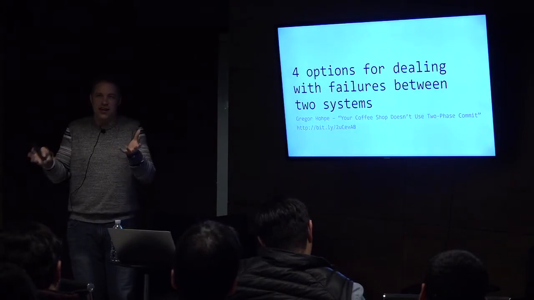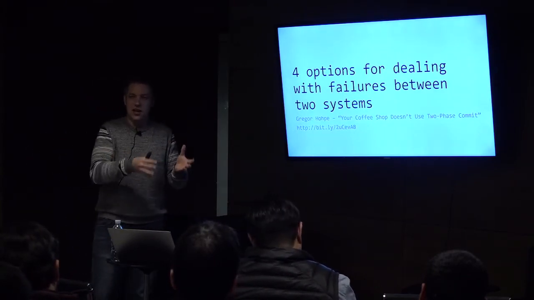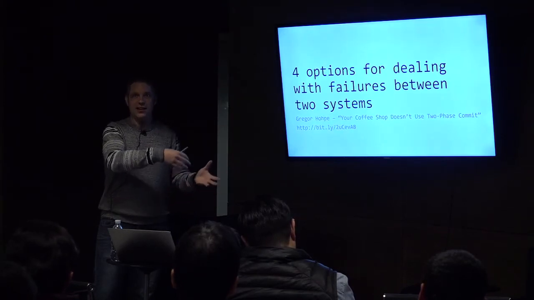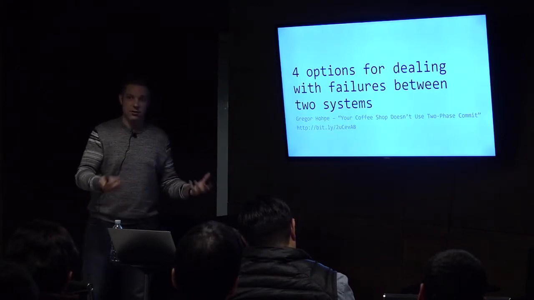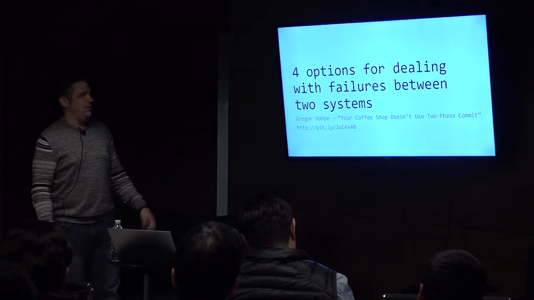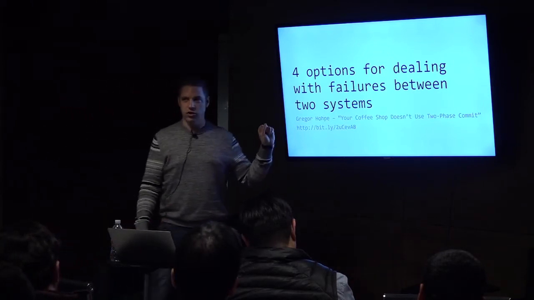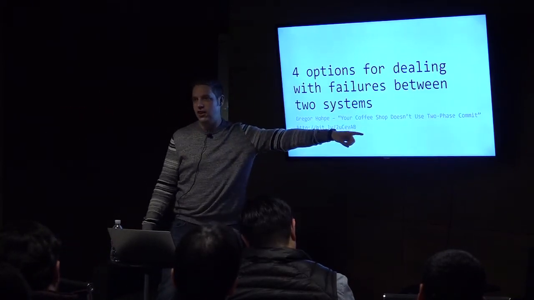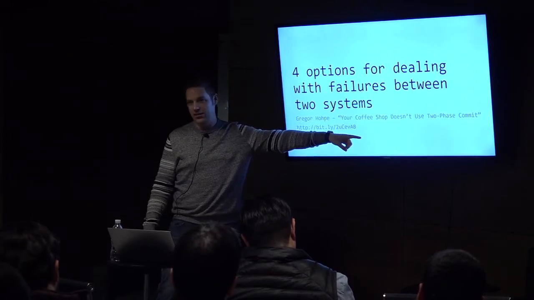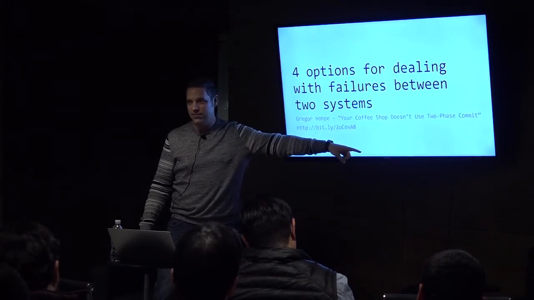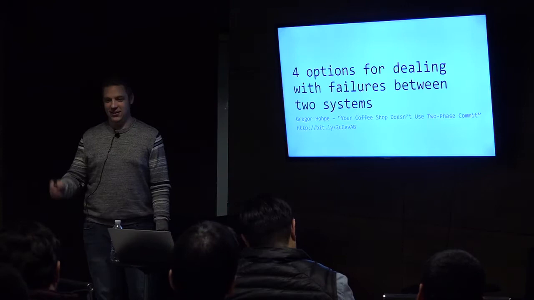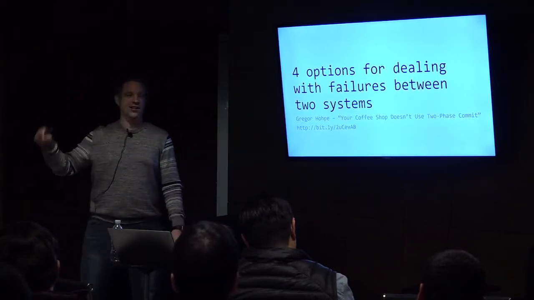That concept doesn't exist in real businesses because that kind of transaction is extremely expensive to do. In this paper, it actually used to be called Starbucks Doesn't Use Two-Phase Commit, but something happened, and now it just says your coffee shop. I can only assume that Starbucks was like, nope, squash, don't do that.